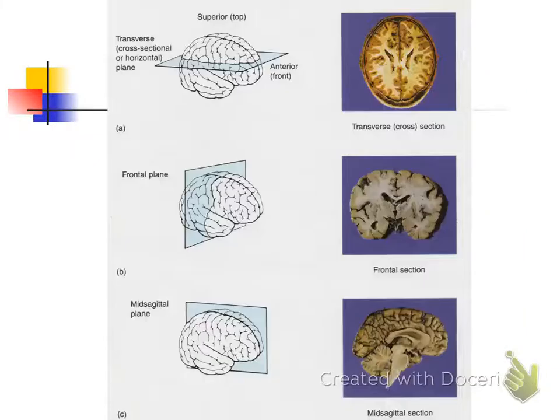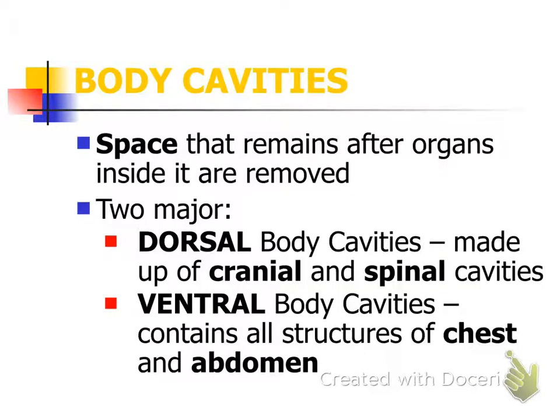Here is the diagram of the brain in the 3 sections, and note how differently the brain looks in the 3 different views. Body cavities are spaces within the body which contain organs.